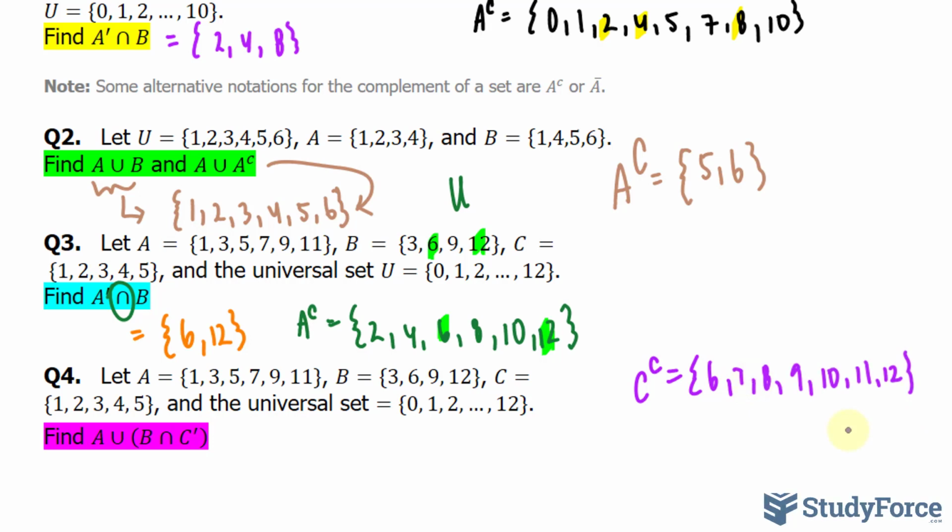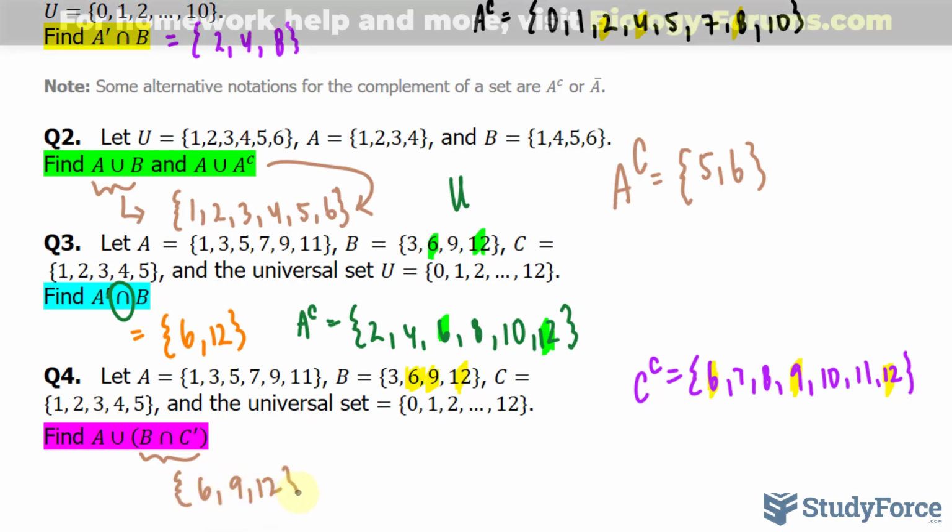And what's in common with B? Well, let's take a look. We have 6 that's in common, 9 that's in common, and 12 that's in common. So the elements found for this statement are those that are highlighted: 6, 9, and 12.